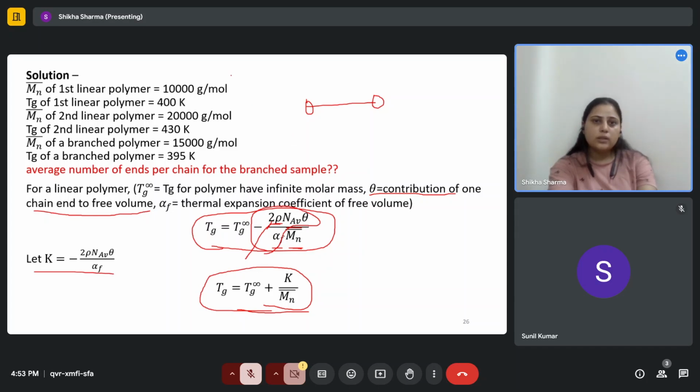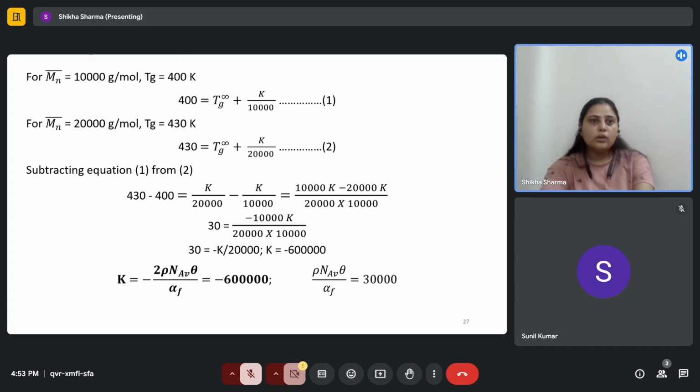So this Mn is the number average molecular weight for the linear polymer, and then we have its glass transition temperature, and for the second linear polymer we have the values. So we will have two different equations, right? For molecular weight 10,000 and Tg 400 Kelvin, we can put 400 is equal to Tg infinity plus K by the number average molecular weight, which is 10,000.